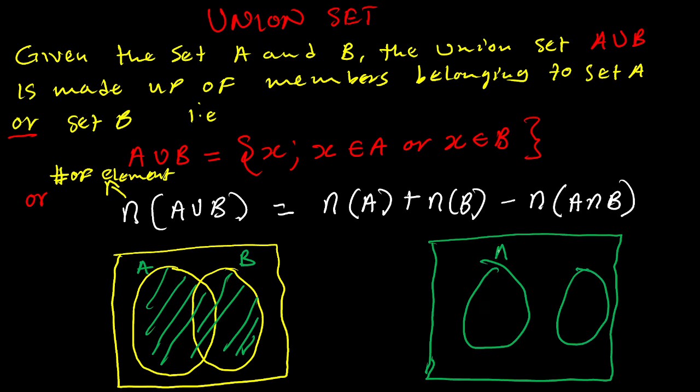So for a disjoint, you are still going to shade everything there. Then you have presented a union set. Now complement sets, that's where I'll end.